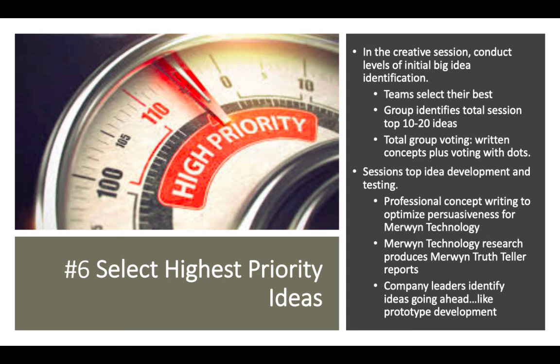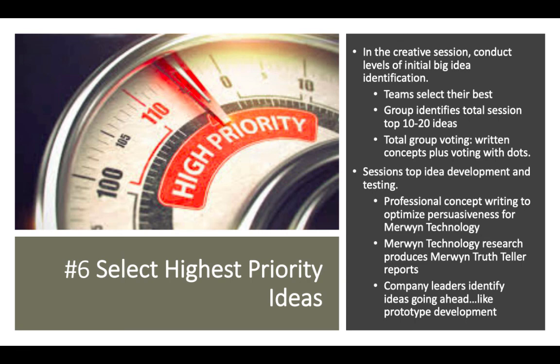And after you have the session's top idea development, you want to move into testing. That's what we talked about. You want to go to professional concept writing to optimize the persuasiveness of the marketing message that you submit to Merwyn Technology. We've written hundreds of them. And those of you that are listening to this may have written a few.